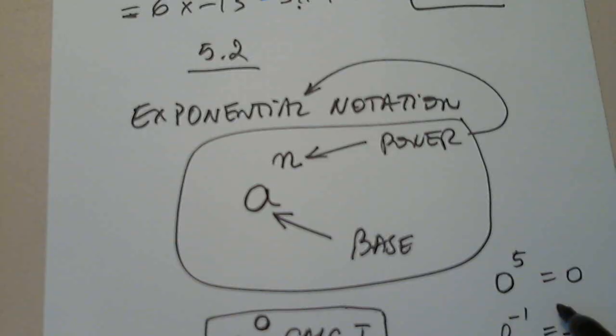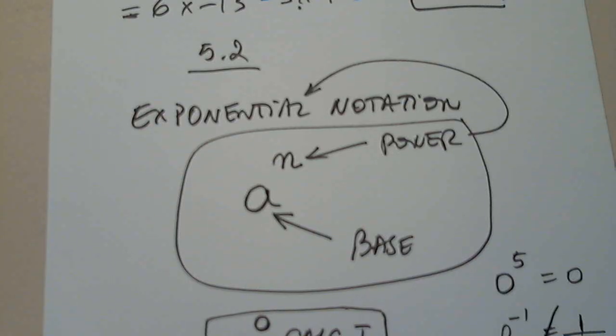So this is impossible. 0 raised to negative 1 is not possible. 0 raised to the first power is possible, but 0 to negative 1 is not, because we know that division by 0 is called undefined. Yes, it's a fancy word. Or it doesn't exist. That's good enough. We prefer undefined, but it doesn't really matter.